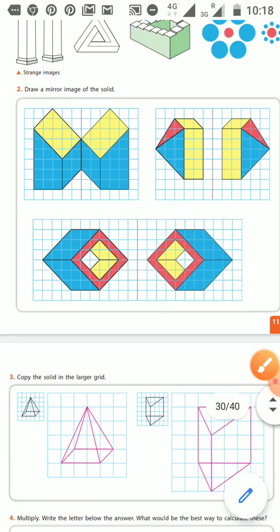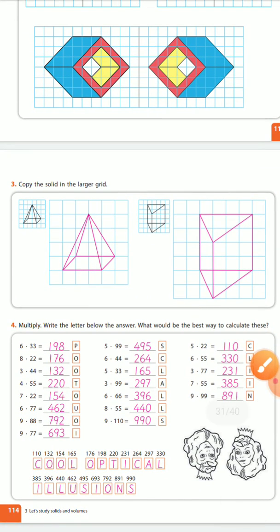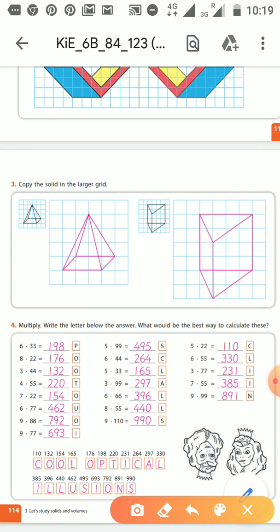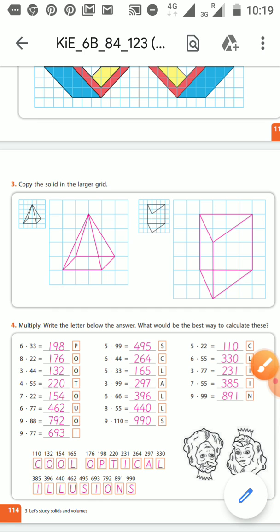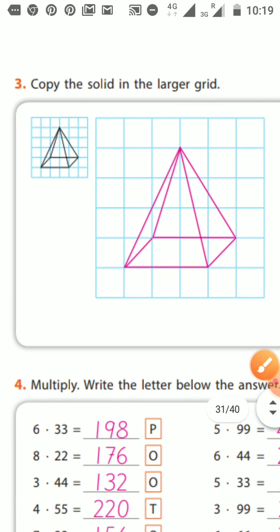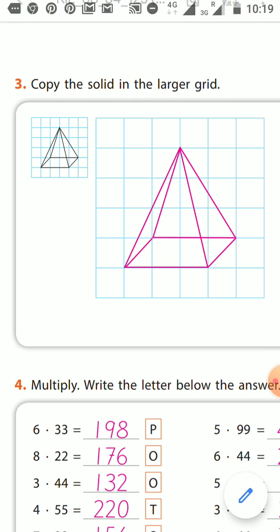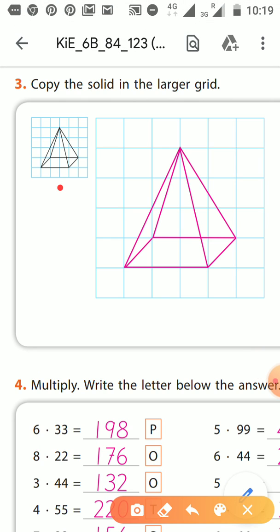All right. Now, in question 3, you've got to copy the smaller figure here into the bigger figure here. The trick is really, if I zoom in a bit, is to just copy the number of squares. So if you see on this one here, the first point there, okay, is equivalent to that point there. It's 1 square, that top right hand corner, all right, there is copied there, and it's just drawing a line across.